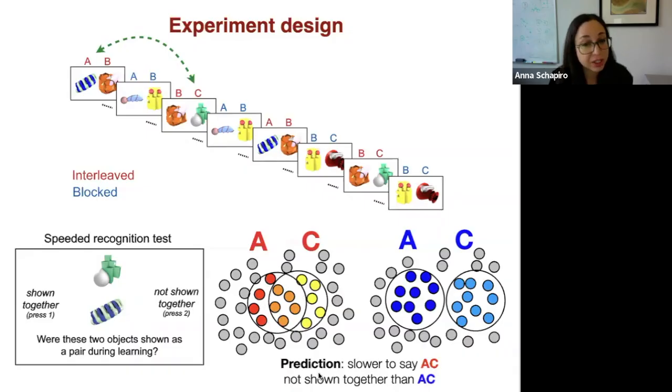And so the prediction is, if this order manipulation matters, then you should be slower to say that the interleaved ACs were not studied together relative to the blocked ACs. And maybe you'll even false alarm and say that you've studied those things together when you had not.